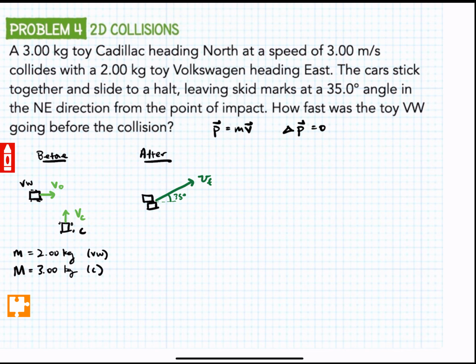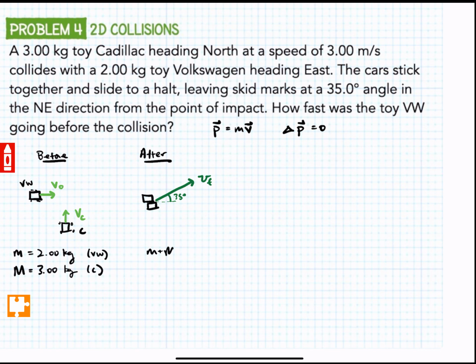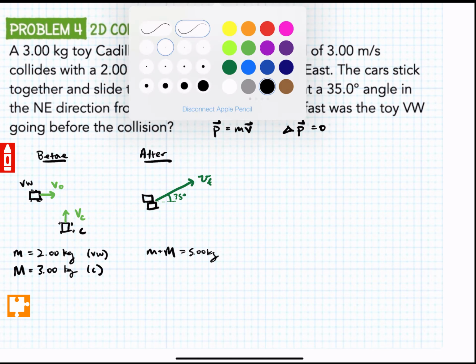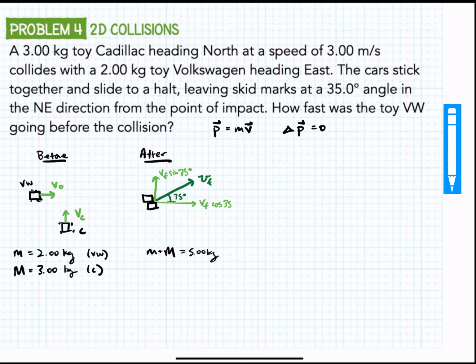So we still need to figure out our final velocity in x and y components, but now our mass should be m plus M, which is our total mass, which is 5 kilograms. And we want to break up our velocity into v final cosine 35 and v final sine 35. So now we have x and y components.